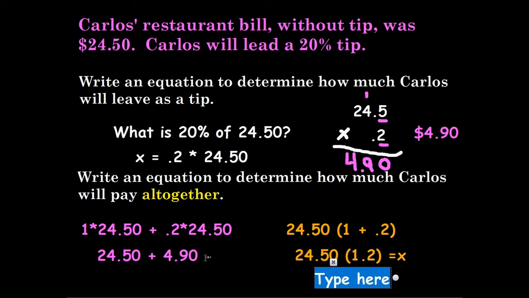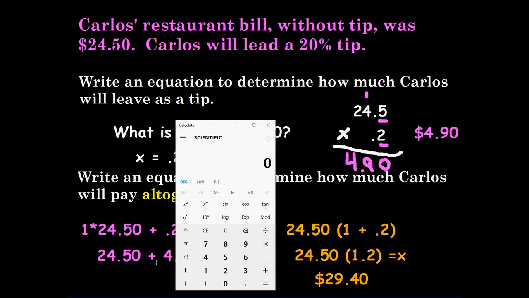I'm actually going to just do the adding together at the moment, and then you can check my math through multiplication. All right, so sometimes I'm going to do it mentally. $24 plus $4, that's $28. I like to deal with the bigger amount, $28 plus 90 cents, $28.90. $28.90 plus 50 is $29.40. And that should be our final answer.